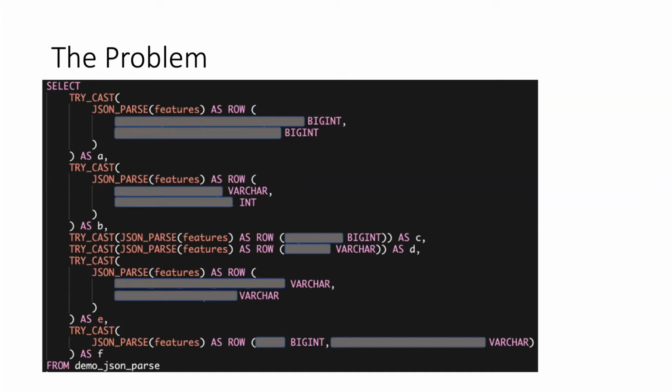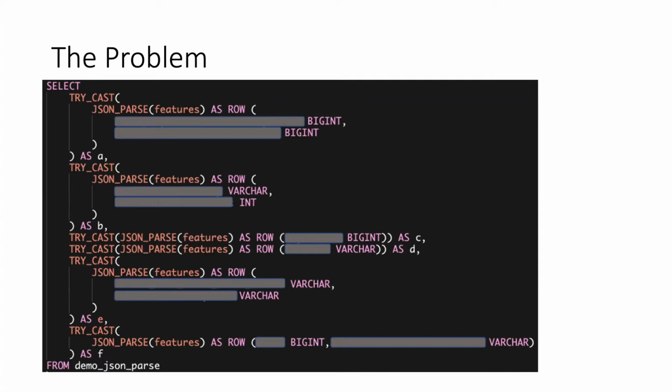But unfortunately, JSON is a very expensive operation in terms of data manipulation. So people try to do a better job. They don't just do JSON parse and JSON extract all the time anymore. They try to do JSON parse and then cast it to a row type, and the row is actually quite performant.